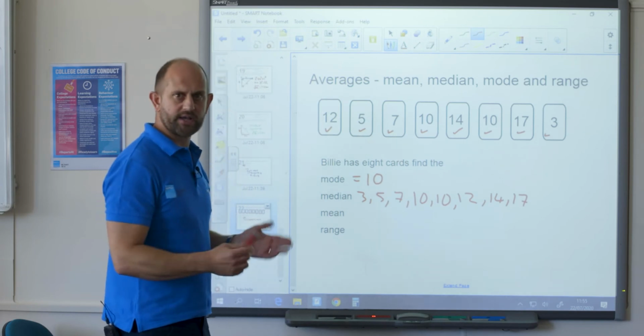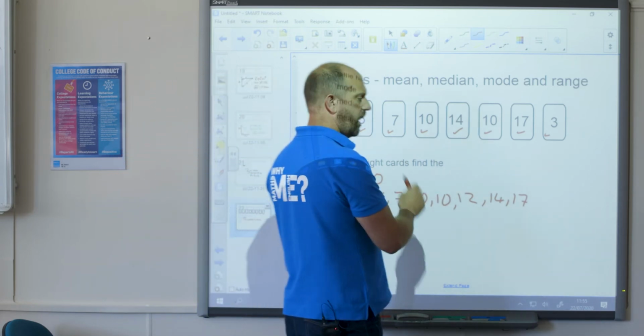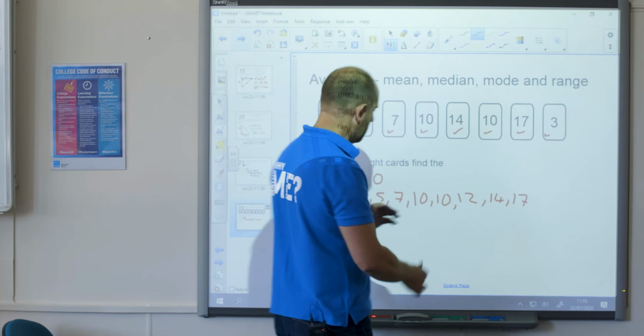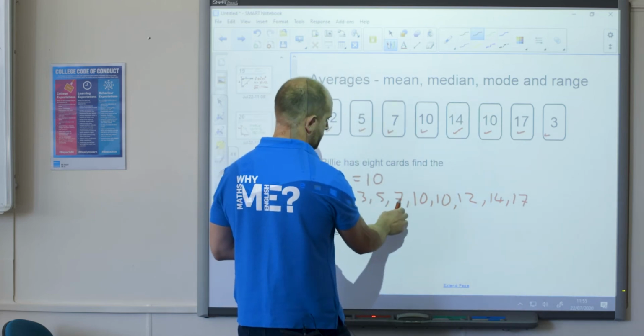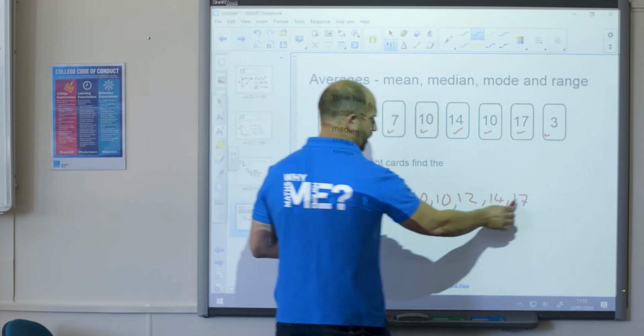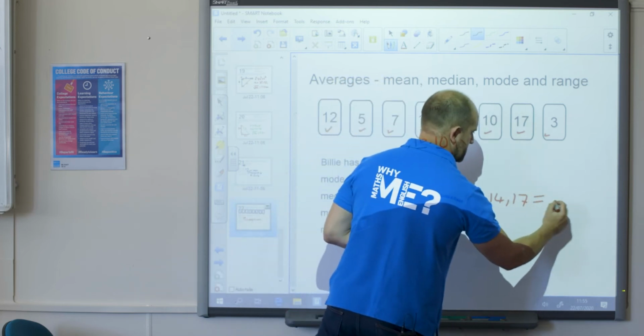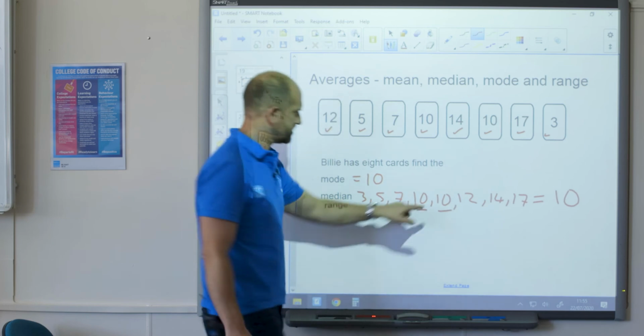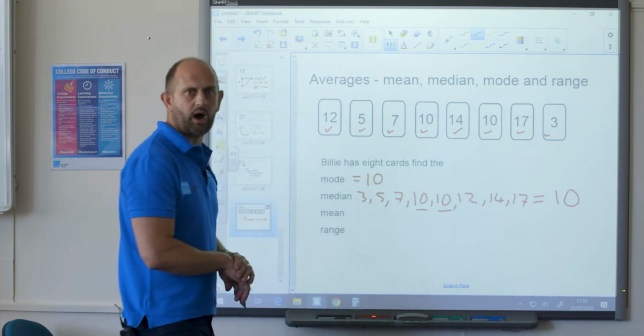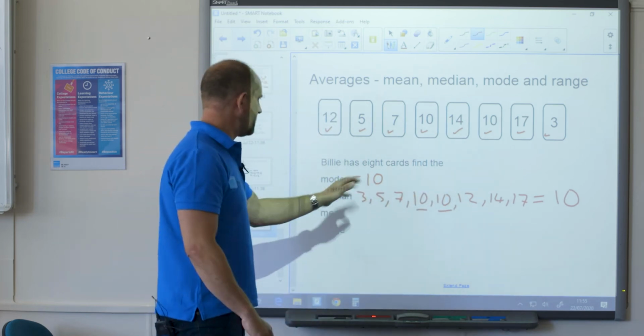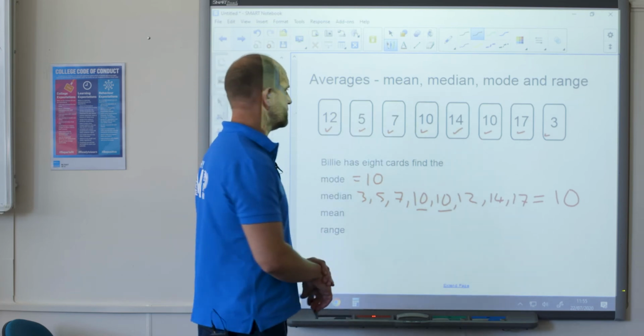I can now find the median. So halfway of 8 is 4. So I'm going to count in 4. 1, 2, 3, 4. 1, 2, 3, 4. And the median then is 10, because this time both values are 10. The mean then is I'm going to add all of those values up.